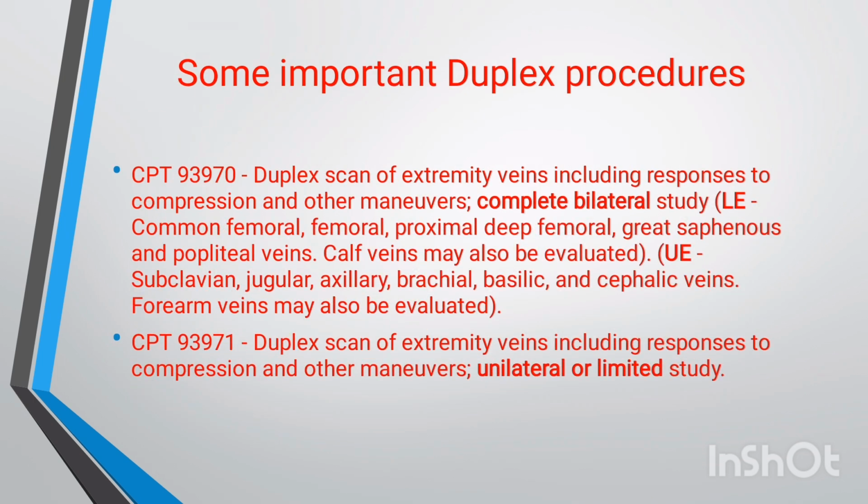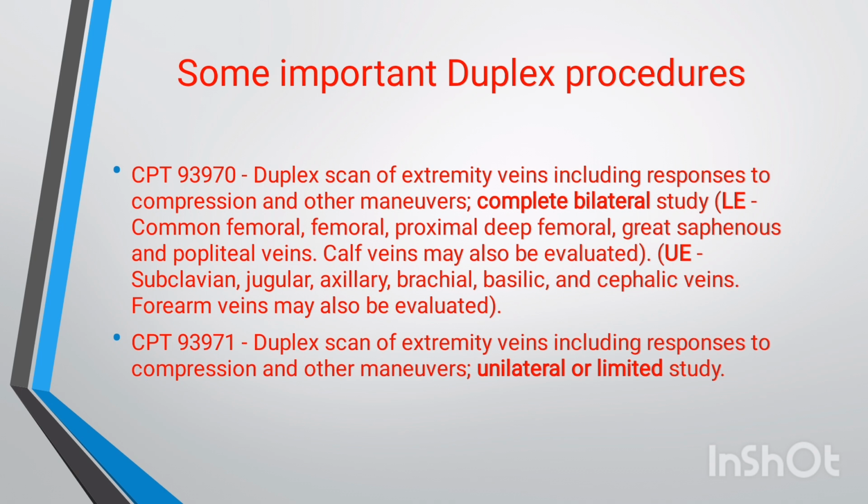We have two different CPT codes in order to code the duplex scan of veins of extremities, that are CPT 93970 and CPT 93971. In case of upper extremity and lower extremity, we have the same CPT codes, that are 93970 and 93971.